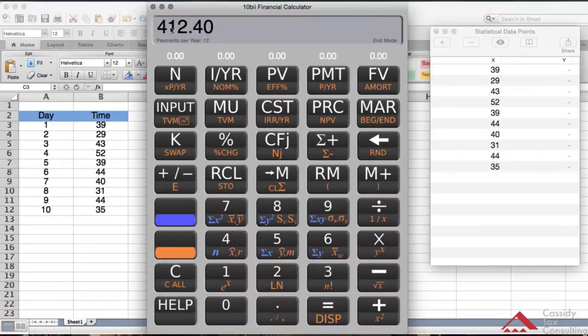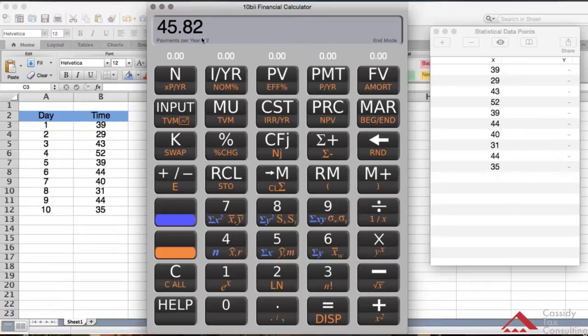Now, before I multiplied it by 9, I'm going to divide it by 9 to show that I'm correct. If you take that 412.4 and divide it by 9, that equals 45.82, which is your variance.